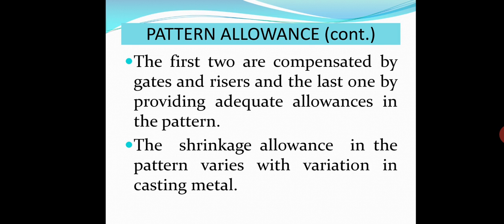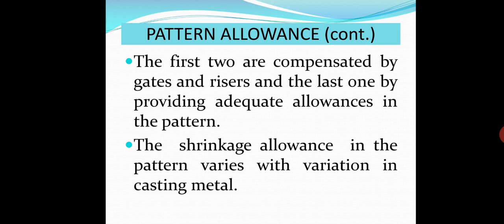The first two, liquid contraction and solidifying contraction, are compensated by providing gates and risers in the casting design. While discussing sand mold casting, we have already seen that the mold has a provision for gate and riser.